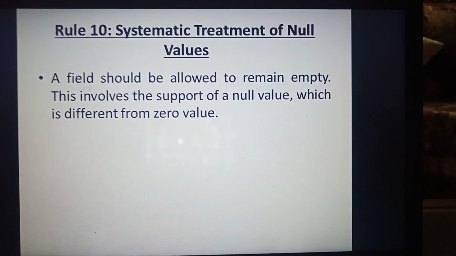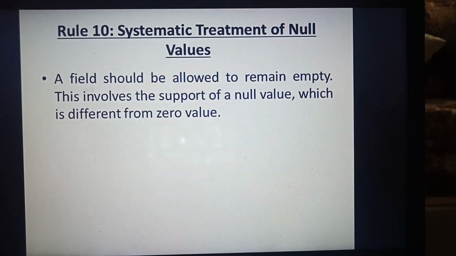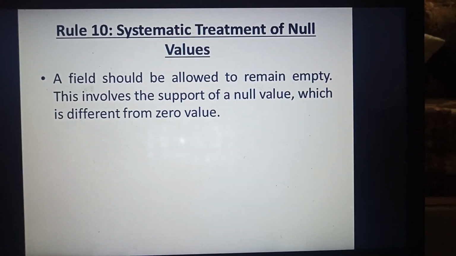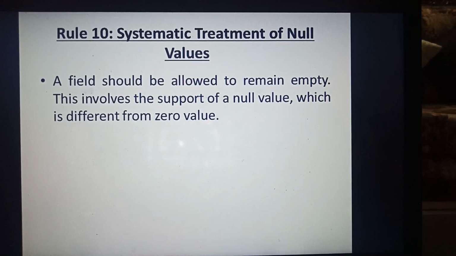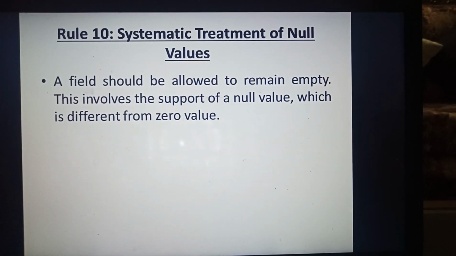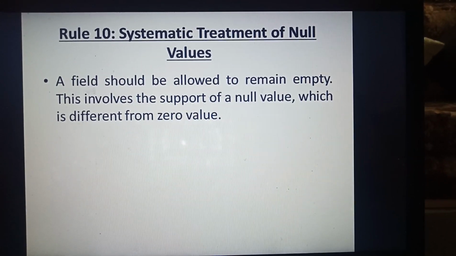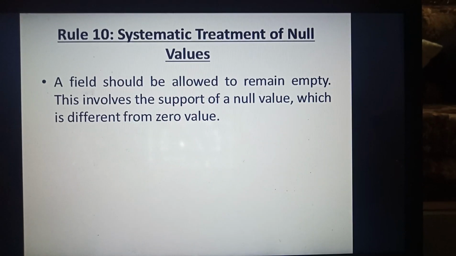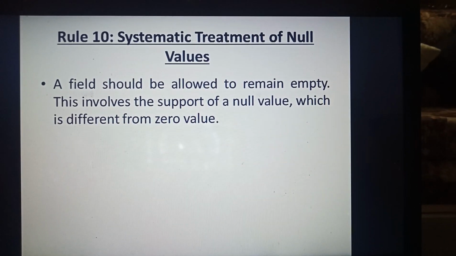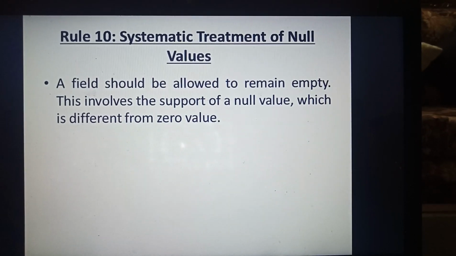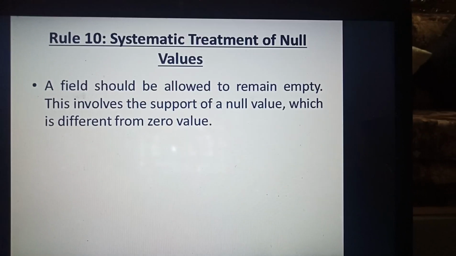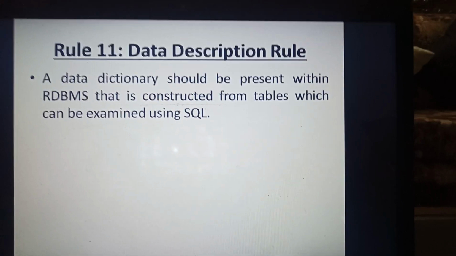Suppose there is a marks column and in that column a student has scored 0 marks. So that will be zero value, but null value is different. If a student has not given the exam, then the value for that attribute will be null. So there is a difference in null value and zero value.